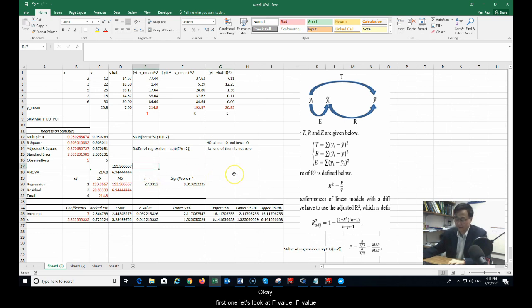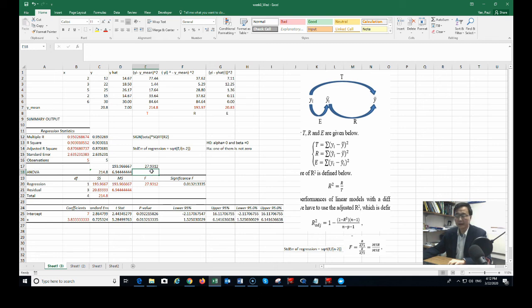First, let's look at the F value. F value is 20.9318. So F value equals mean of R divided by mean of E. So we replicate this F statistic. This is the F value.